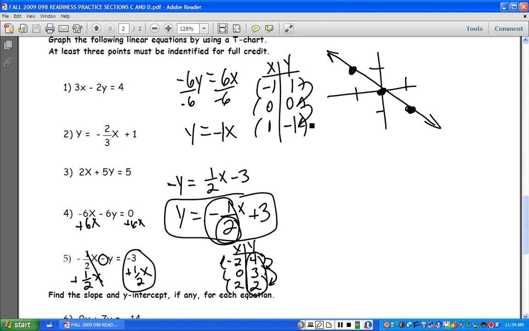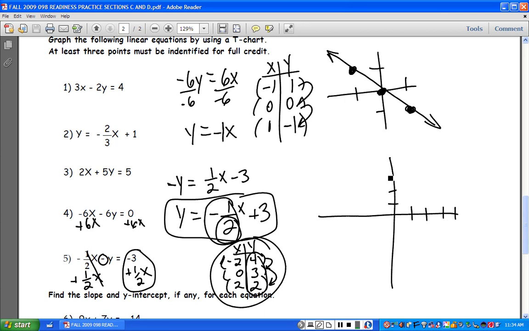Okay, so now we look at our 3 points. Our greatest absolute value being 4, so we need to make sure we have 4. So -2, 4 is somewhere up here. 0, 3 is here. 2, 2 is there.